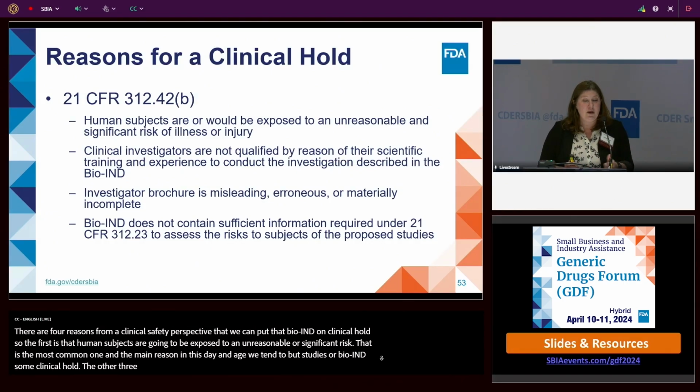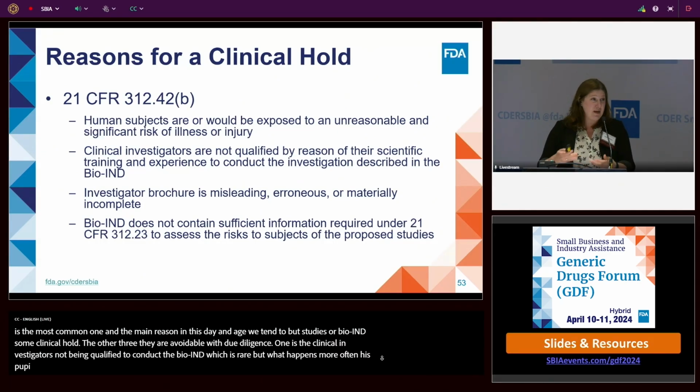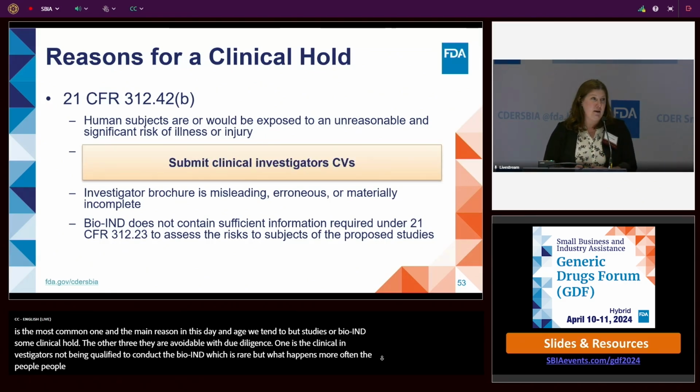One is if the clinical investigators are not qualified to conduct the Bio-IND. That's rarely the case, but what happens more often is people just forget to submit the CVs of those investigators showing that they are qualified. So that one can be avoided by submitting an appropriate CV.